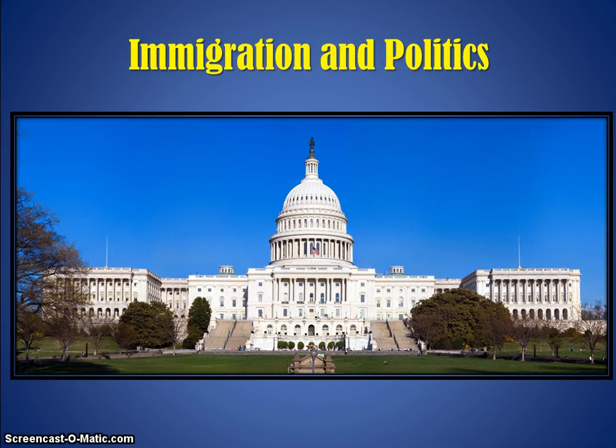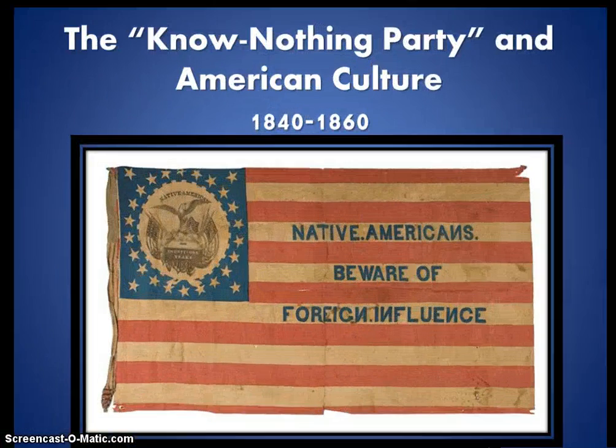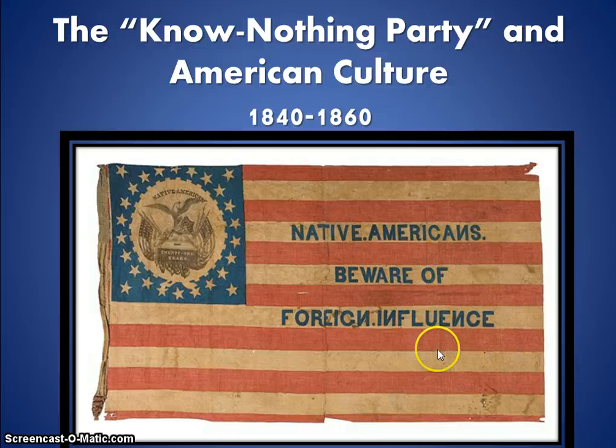Now, politics also plays a huge role in immigration, especially today. The two parties, Republicans and Democrats, really cannot agree on immigration policy. And this has been going on since the 1800s. The Know Nothing Party was the group of citizens that believed immigration should be severely restricted.